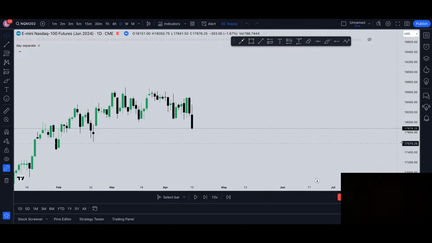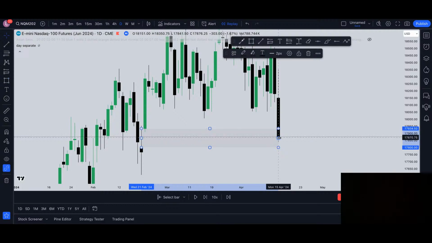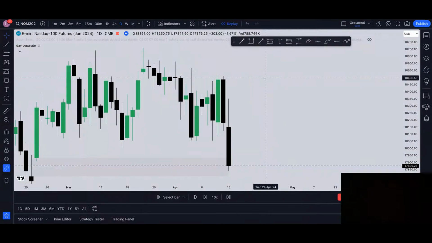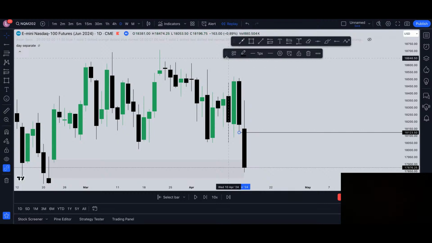Here's Monday. So, this is your daily volume imbalance. Let's mark the previous daily low and daily highs.